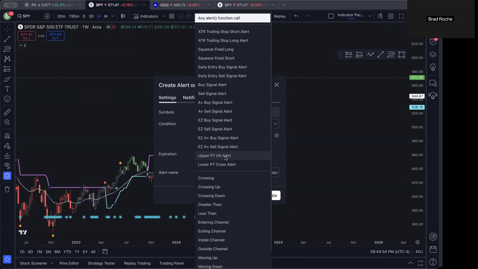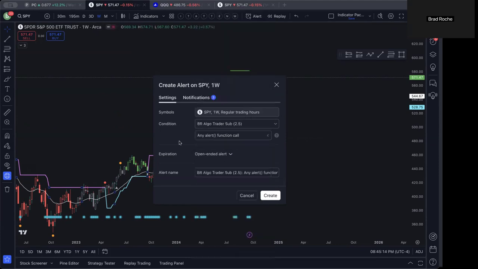So you can set an alert for when your stop gets hit or your profit target gets hit. That's why I call it the Algo Trader, because it can be pretty much all automated by alerts and just by you following the signals and then following the alerts and managing it simply by doing that. So I hope this helps.